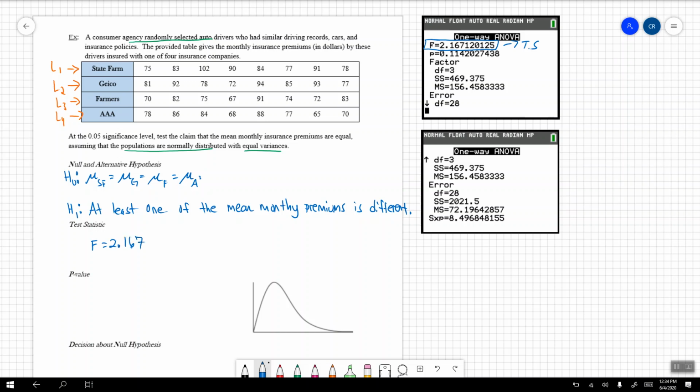Awesome. Now, how do we find the p-value? Well, the p-value is actually given to us as well. That p-value is the second part here. So the p-value here is 0.1142.